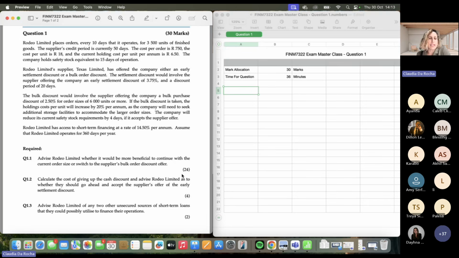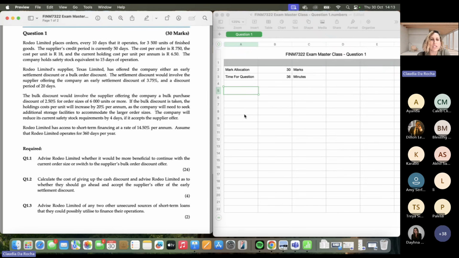Rodeo Limited's supplier, Texas Limited, has offered the company either an early settlement discount or a bulk order discount. The settlement discount will involve the supplier offering the company an early settlement discount of 3.75% and a discount period of 20 days.